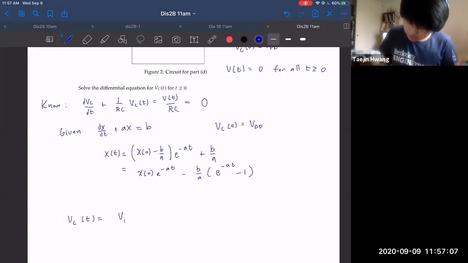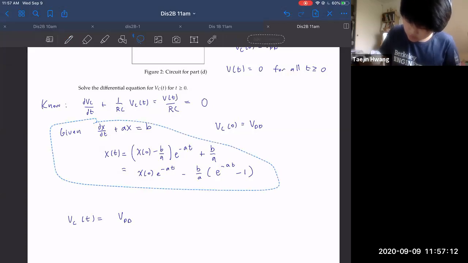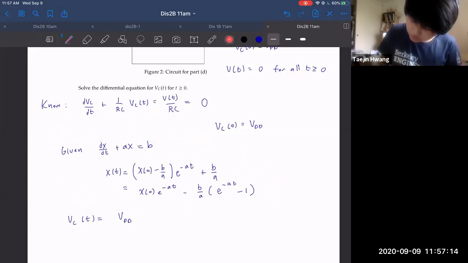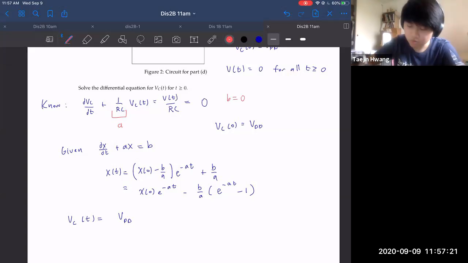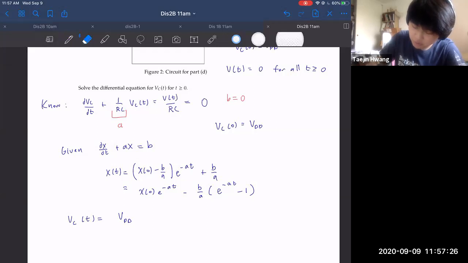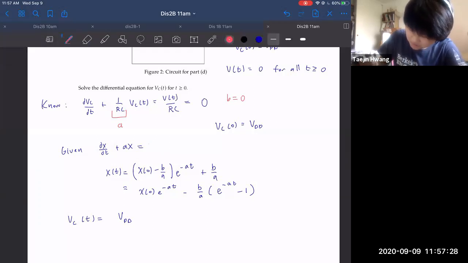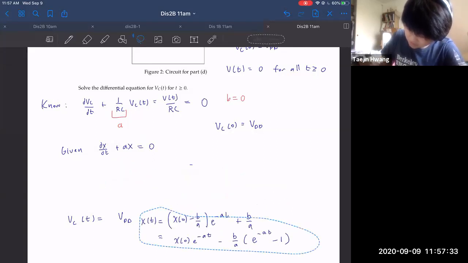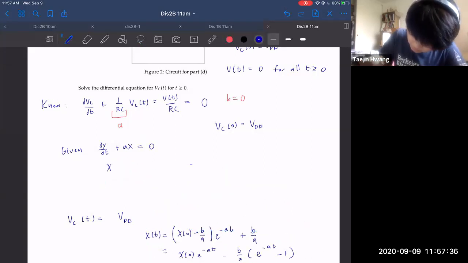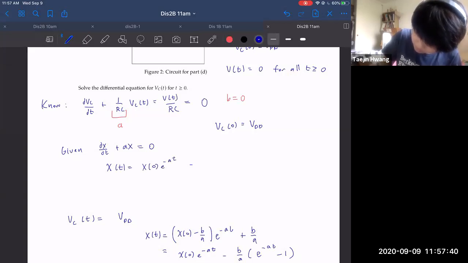So this is going to be VDD. And before we go into anything, let's just identify everything. So 1 over RC is going to be A and B is equal to 0. Actually, I don't know why I gave you this formula over here. We could have just used the much simpler formula, that the solution here is just x of t is equal to x of 0 e to the minus at.